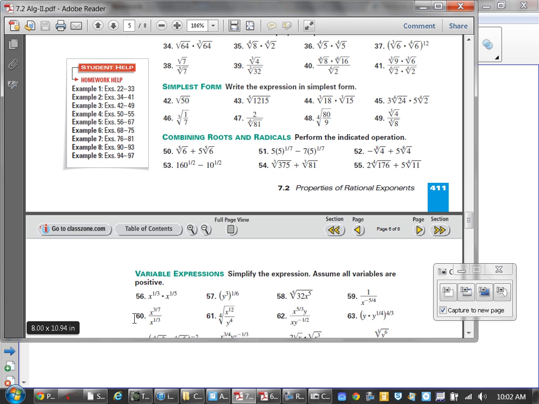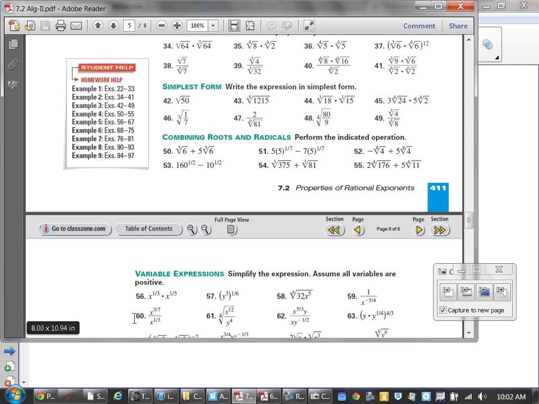Now, as you get into rewriting them and combining them as far as adding, subtracting, and all that, your rules for adding and subtracting don't change when you're combining like terms. You have to have the same base with the same exponent in order to do that. Works the same with roots.